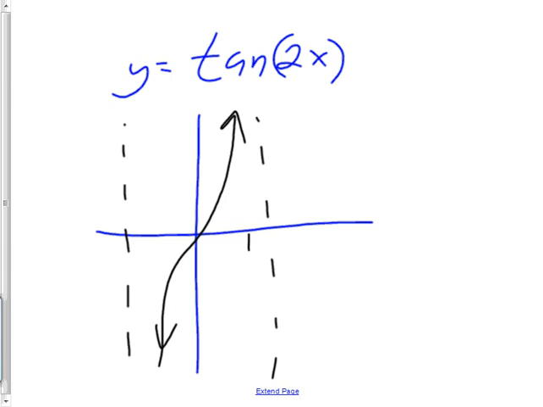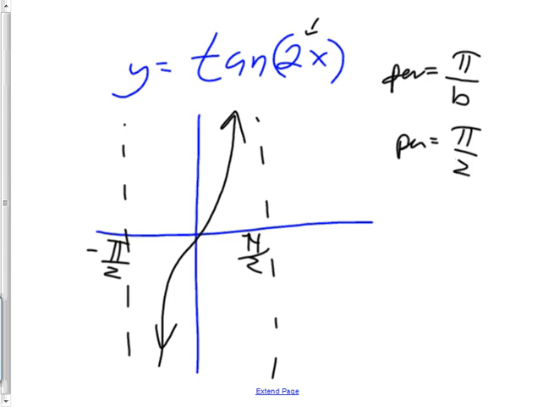Normal is pi over 2 and negative pi over 2. So how do I change it? I use that formula and figure out its new period. It's not 2 pi over b, it's pi over b for tangent, and b is 2. So its period should be pi over 2.